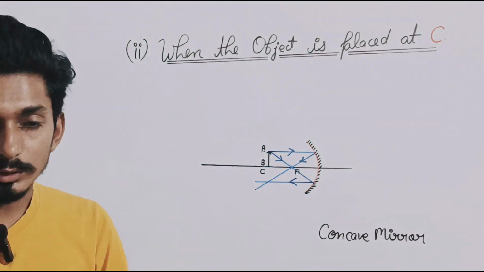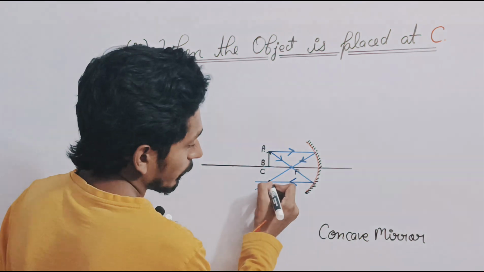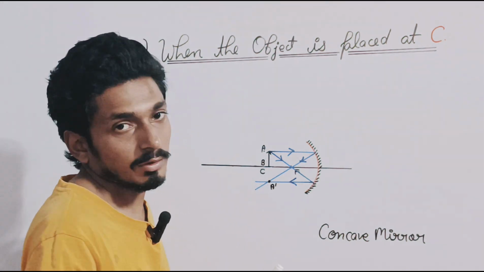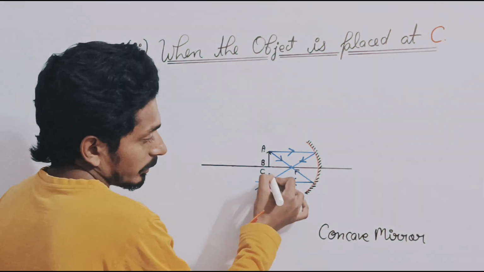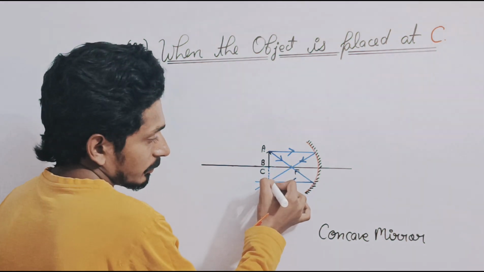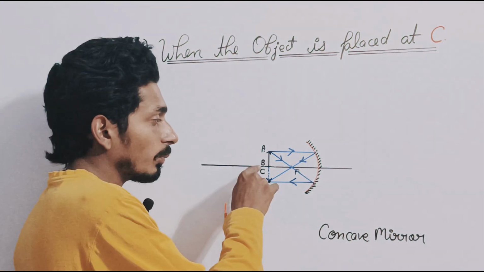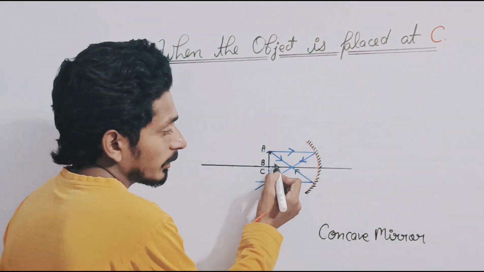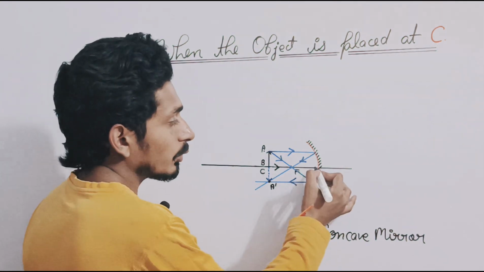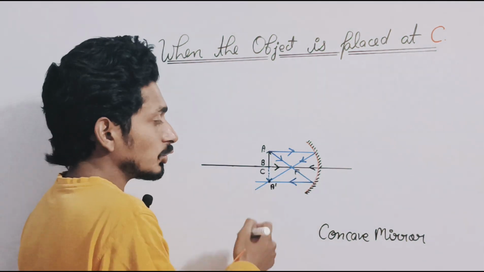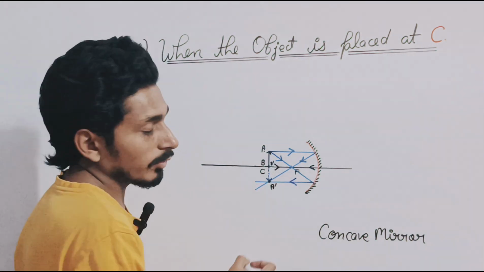So the image of point A will be A dash. Now if we form the light ray from point B that strikes the concave mirror and bounces back to the same medium, so the image of B is at point B, that is B dash. Yes or no?